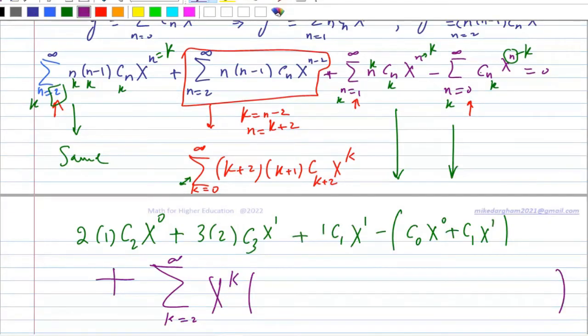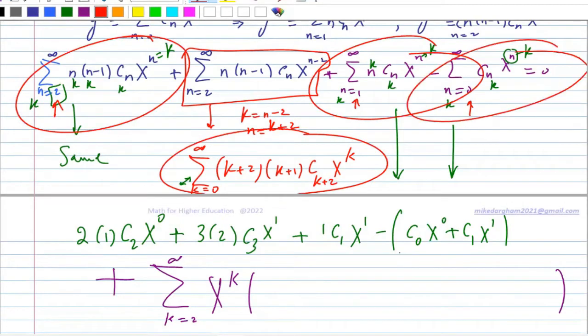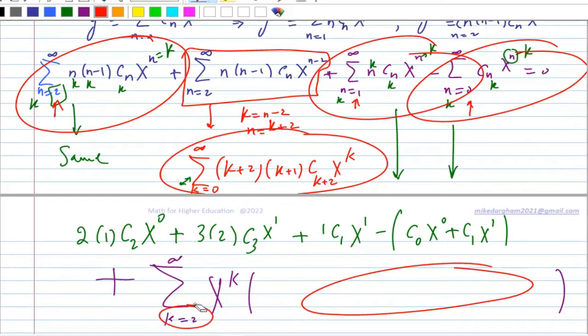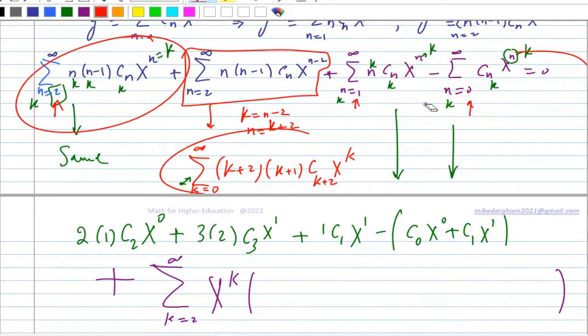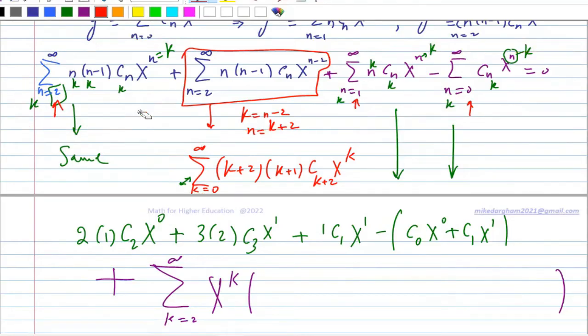I want to put the 4 sigmas in 1. So this sigma 1, 2, 3, 4, all right here. Because they have the same x to the k and they have the same starting value k equal 2. So those that I was talking about, I didn't write because I want to put them all together. I mean, you are at a level where you can put them all together.